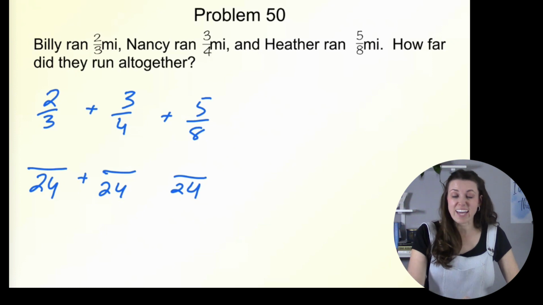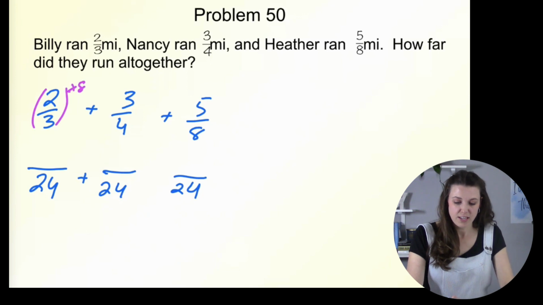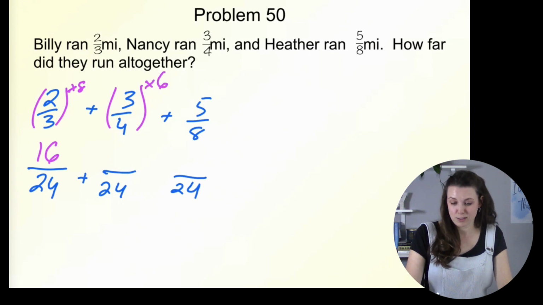So to get 3 to 24, I just simply multiplied it by 8. So 3 times 8 is 24, and 2 times 8 is 16. And to get 4 to 24, I'm going to multiply that by 6. So 4 times 6 is 24. 3 times 6 is 18.